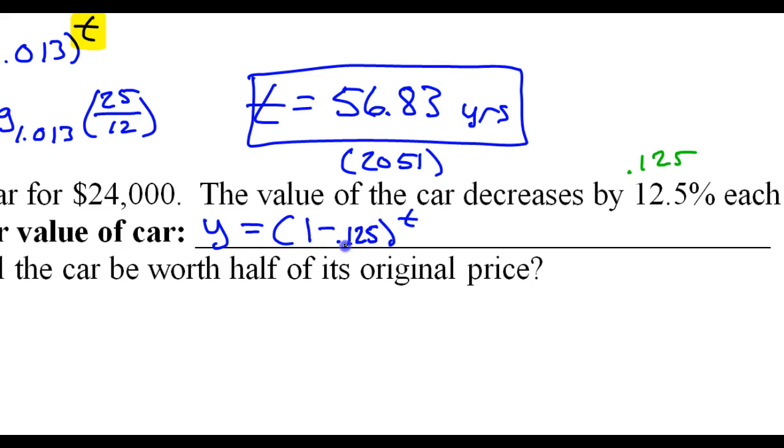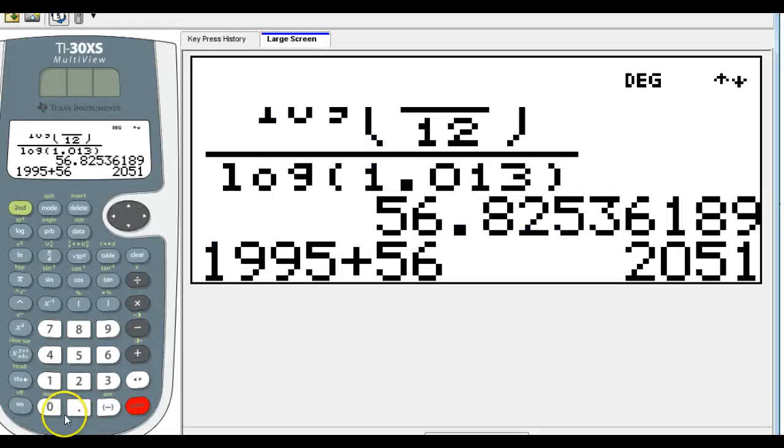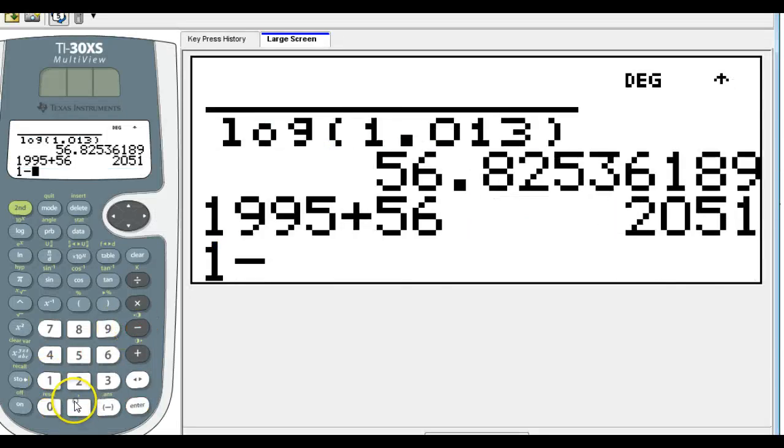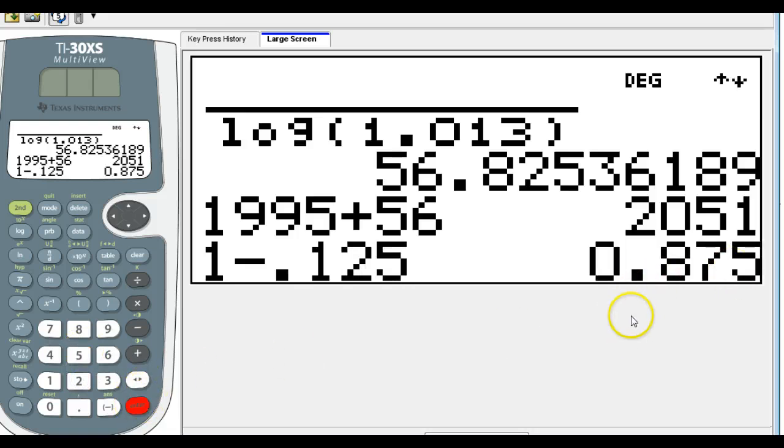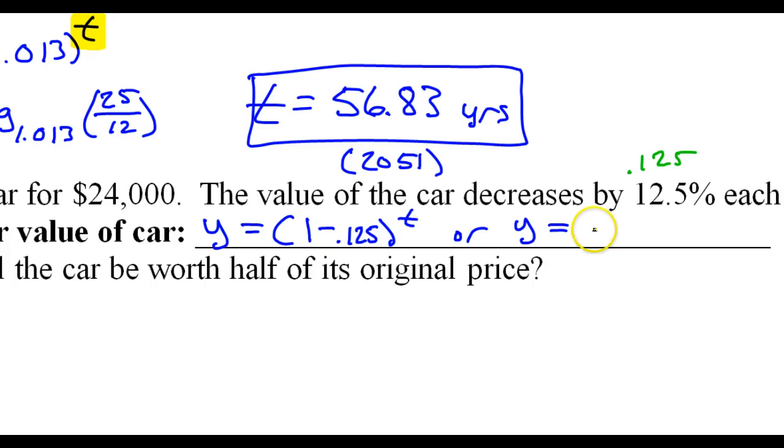So I have 1 minus 0.125 to the t power. It's good form to go ahead and do this subtraction. 1 minus 0.125 is 0.875. So it's good form to write this as, oh wait, I left off the initial amount, didn't I?